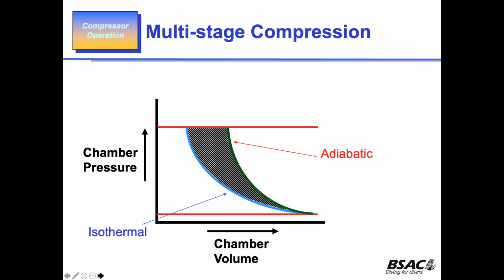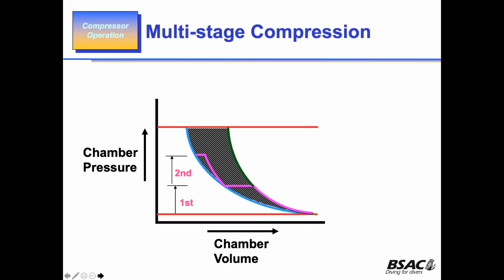As we cool it down, it comes back onto the isothermal line. We're in the second stage of compression, which also starts to take an adiabatic gradient. When we've compressed it up in the second stage, we stop again and we cool that air down again.